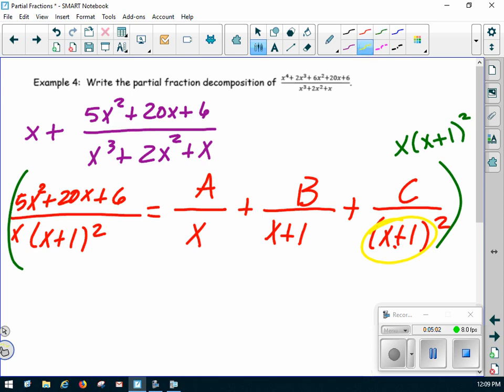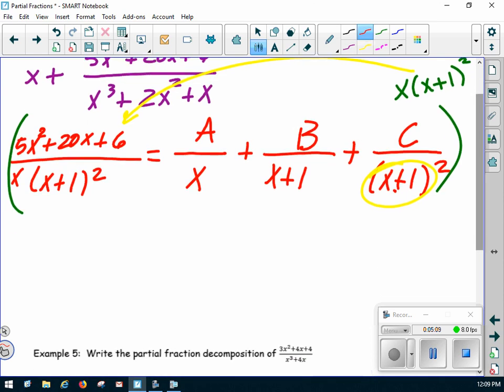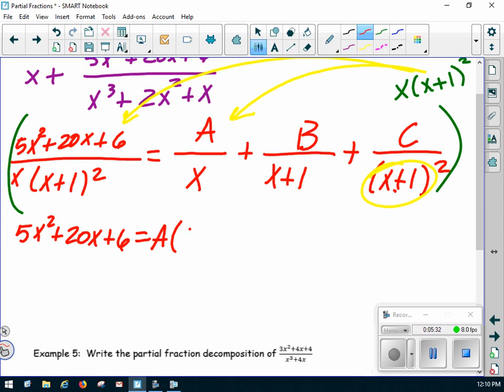When we multiply here, what do we have? Whole denominator will cancel out. Now we're going to distribute here. A times what? X plus 1 quantity squared.